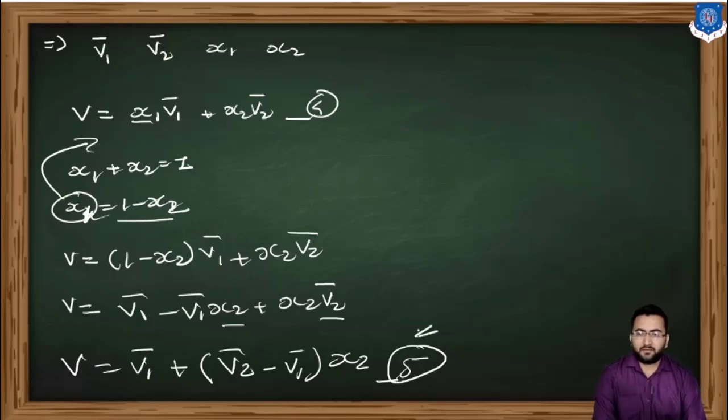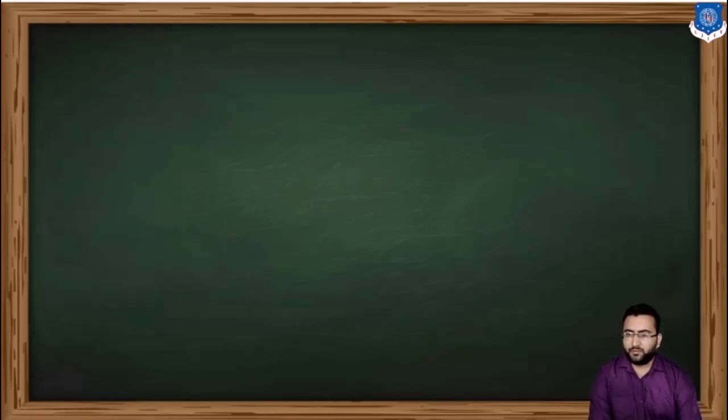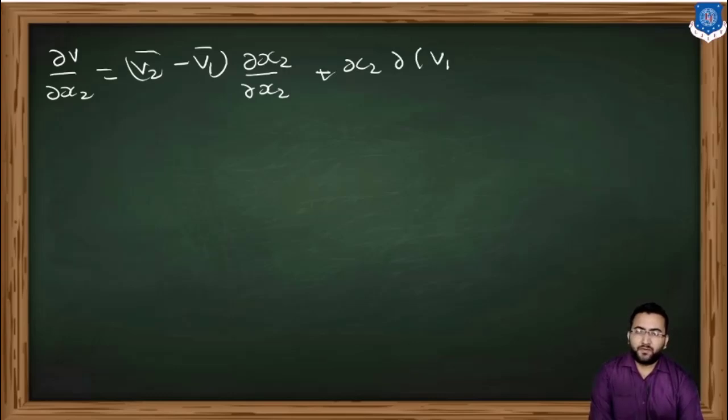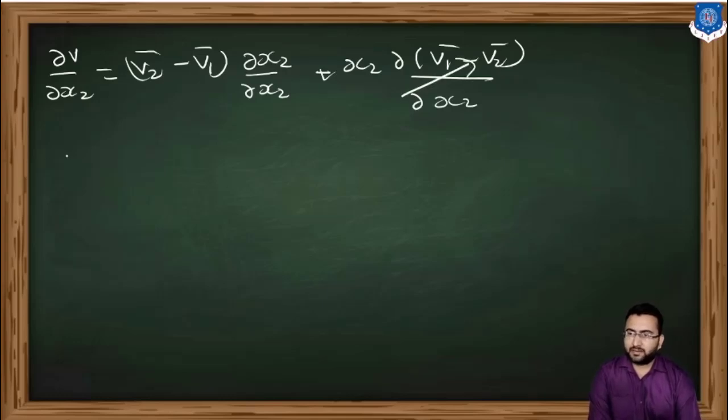Now differentiate equation number 5 with respect to x2. We will get del V upon del x2 is equal to (V2 bar minus V1 bar) del x2 upon del x2, which becomes 1, plus x2 as it is times the differentiation of V2 bar minus V1 bar upon del x2, which becomes 0, because differentiation of a constant is 0.